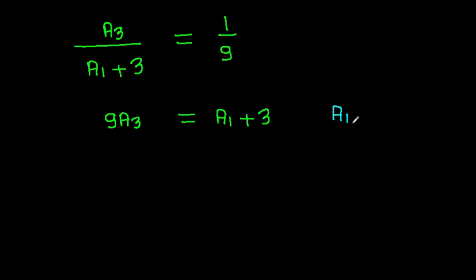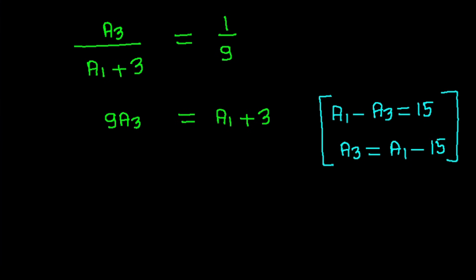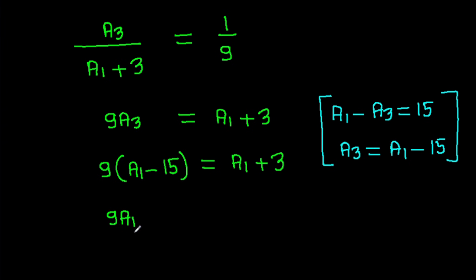So A3 will be A1 minus 15. So 9 times A3 is 9 times (A1 minus 15), which equals A1 plus 3, and it is 9A1 minus 135 is equal to A1 plus 3.